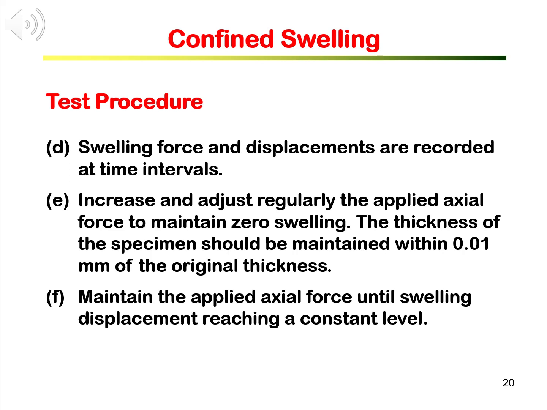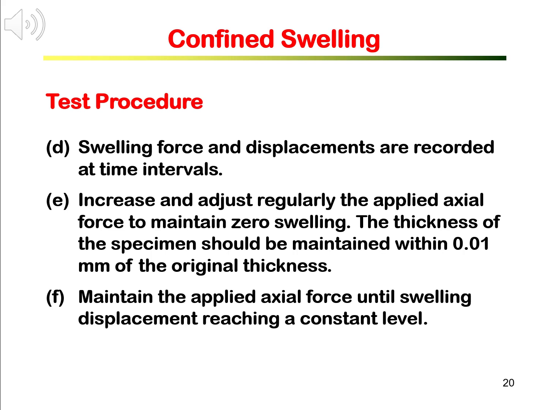Through regulating the axial load, we want to keep the thickness of the specimen to be within 0.01 millimeter of the original thickness. That is, we are maintaining or limiting any swelling in the axial direction. Finally, we will find an axial load to stabilize the swelling displacement.